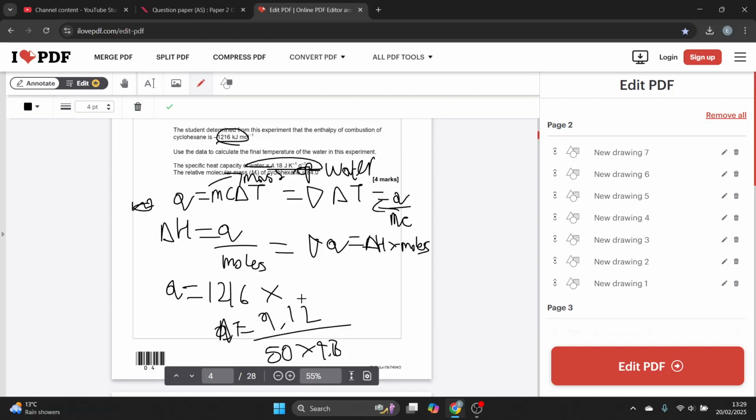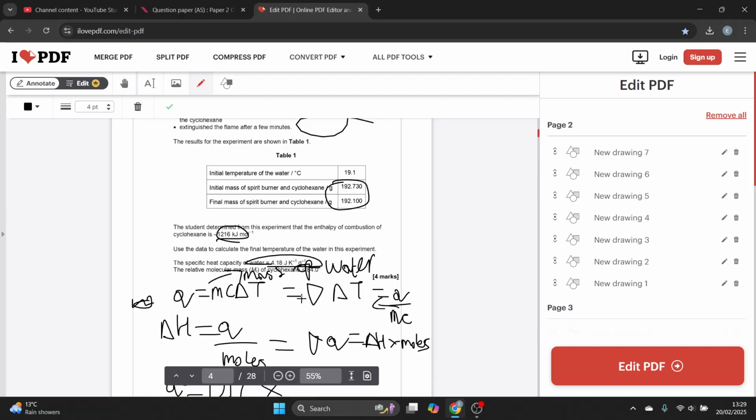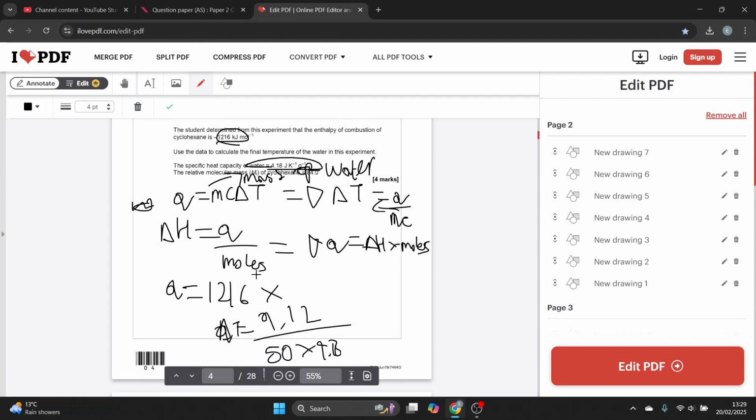Because I get Q as 1216 times by the number of moles, which is the mass, 0.630, or 192.730 minus 192.100, divided by the Mr, which is 72 plus 12. I get 9.12 as Q, using Q equals delta H times by moles.